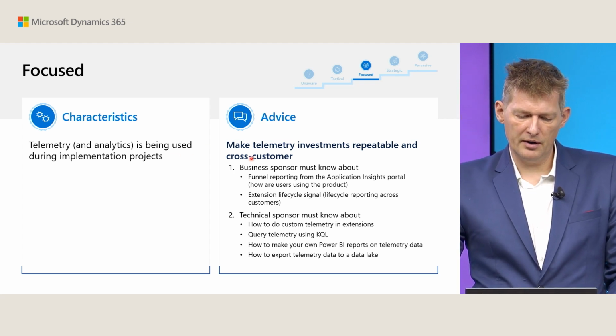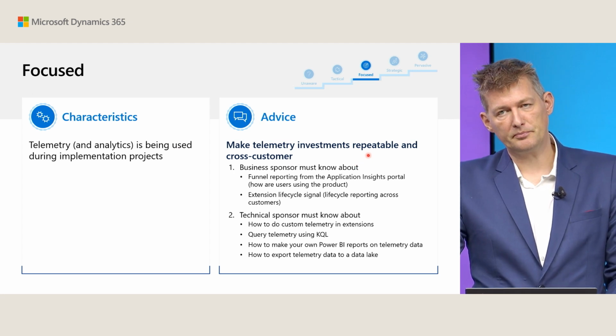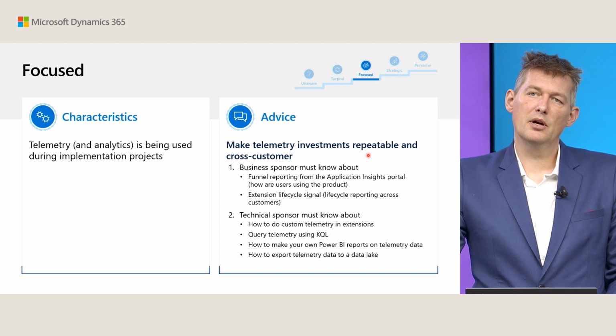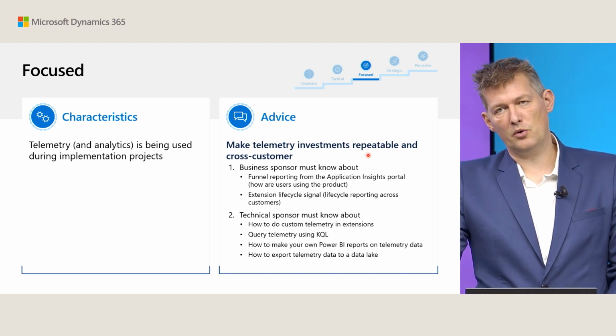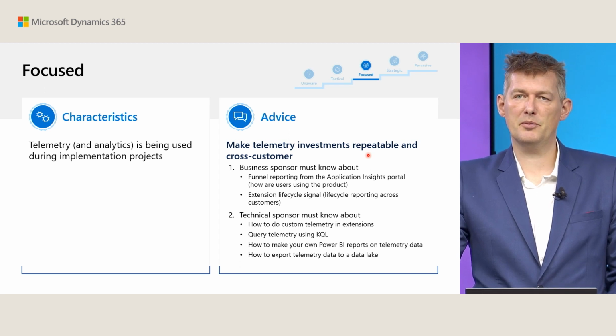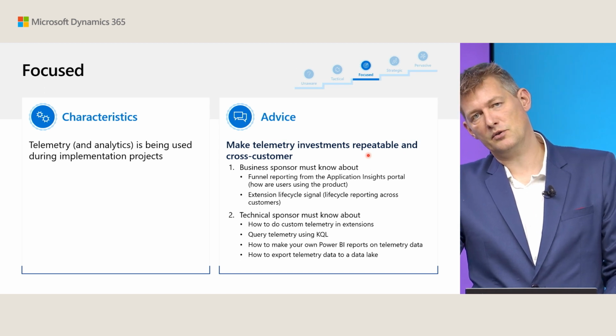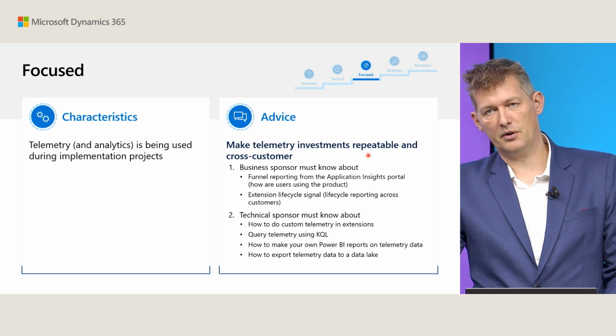So this is where, for the business sponsor, you might want to make this repeatable and make sure that you do this not only for go live, maybe later you want to do things cross customer and see if you can have success for one customer, give project success for another one.